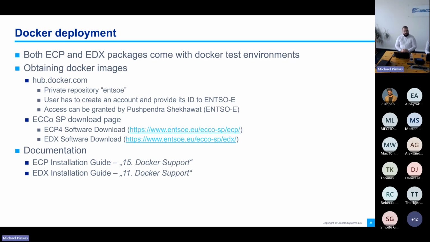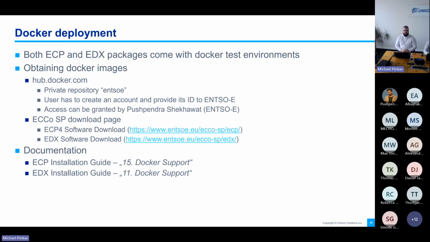But still kind of newly, there is an option to download the Docker binaries directly from the ECCo web page. So if you go to one of the links mentioned on the slide, you will get the standard form for the download of the installers. And there is also an option to check the Docker binaries button.